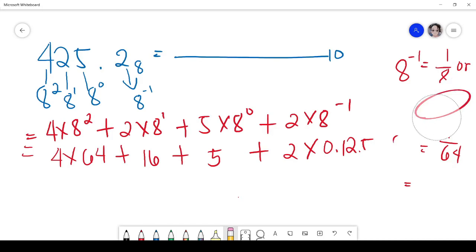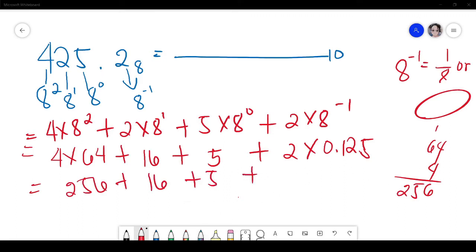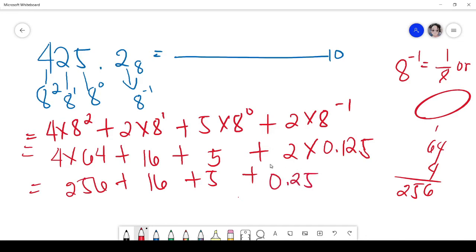Okay, let's erase everything. Let's continue the calculation. So 64 times 4 is 256. We have 256 plus 16 plus 5 plus, what is 0.125 times 2? We have 0.25.